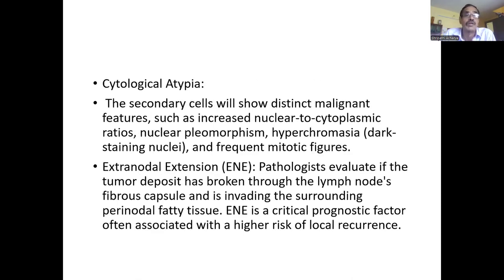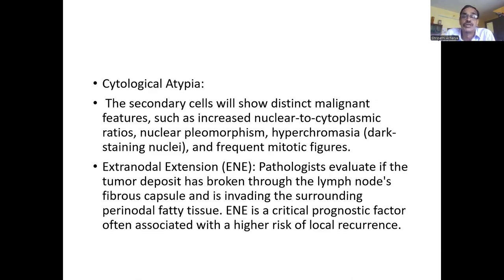Pathological atypia. The secondary cells will show distinct malignant features such as increased nuclear to cytoplasmic ratios, nuclear pleomorphism, hypochromasia, dark staining nuclei, and frequent mitotic figures.